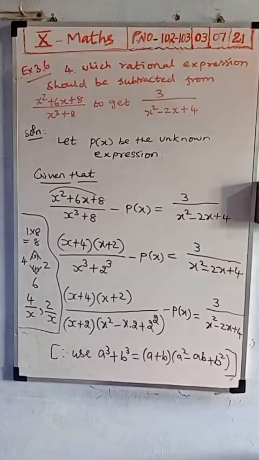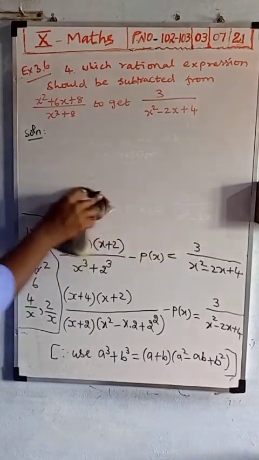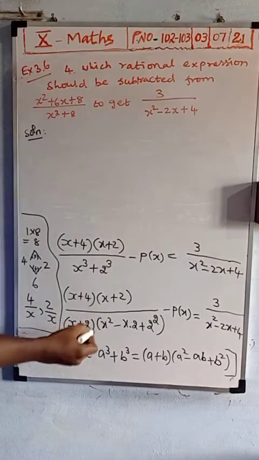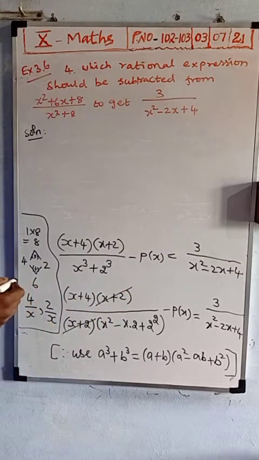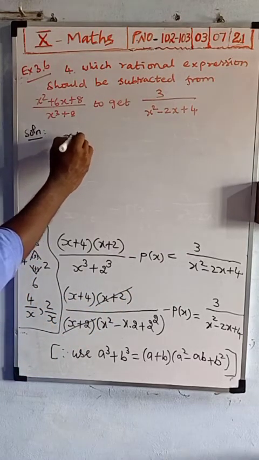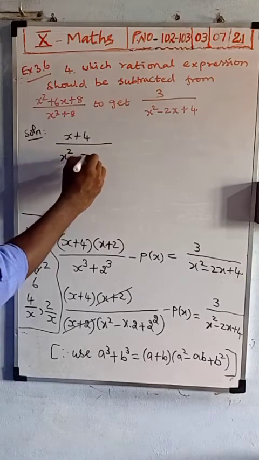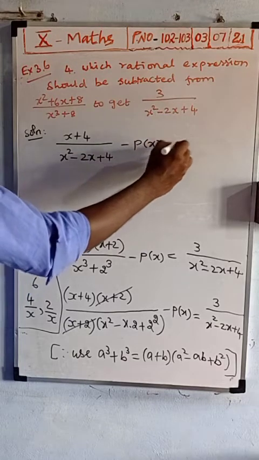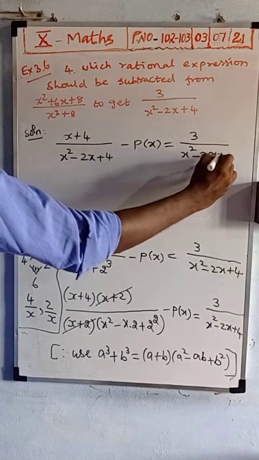Now the next step, you simplify, then you will receive the answer. So see first, x plus 2 will get cancelled. Yes, so what remains is x plus 4 divided by x square minus 2x plus 4, minus p of x is equal to 3 divided by x square minus 2x plus 4.